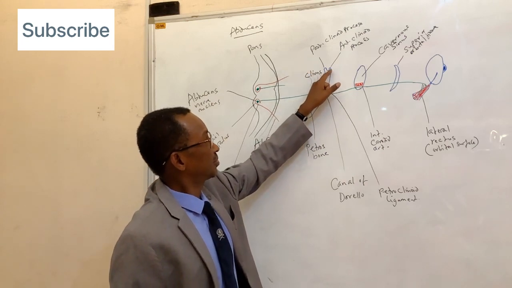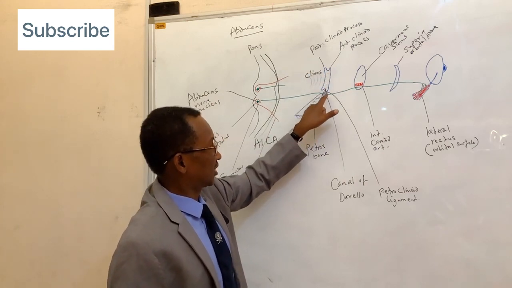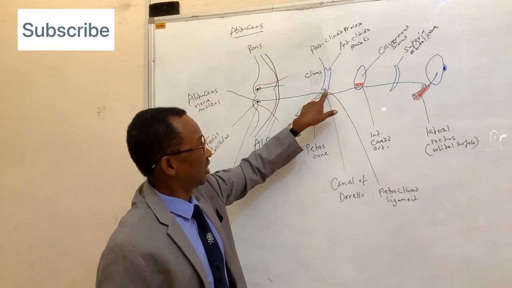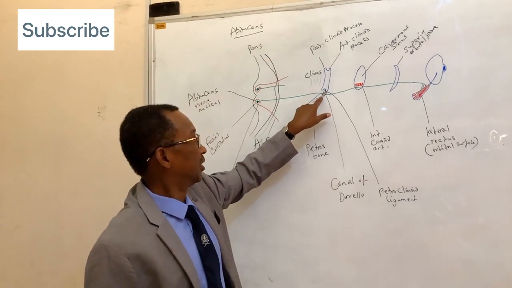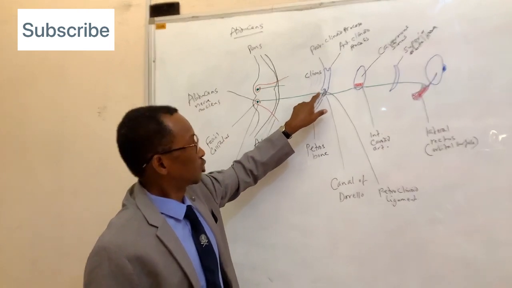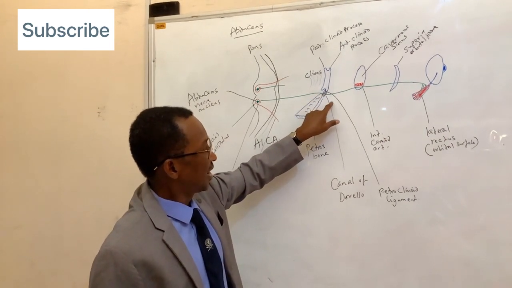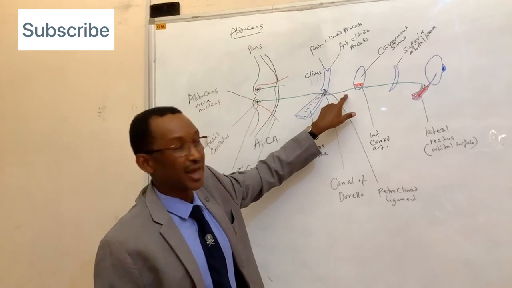The ligament passes from the anterior clinoid process down to the apex of the petrous temporal bone. So the nerve passes through that canal and then gets out of the canal.